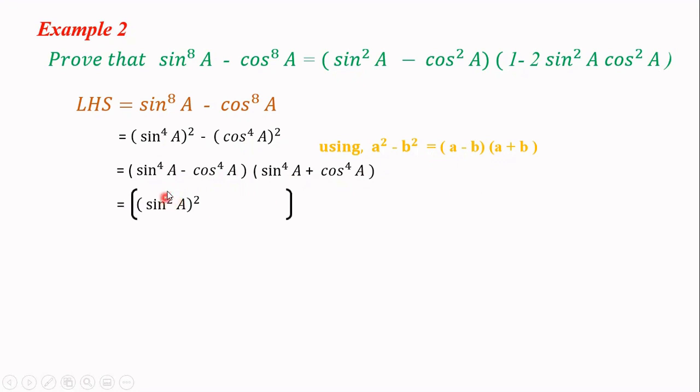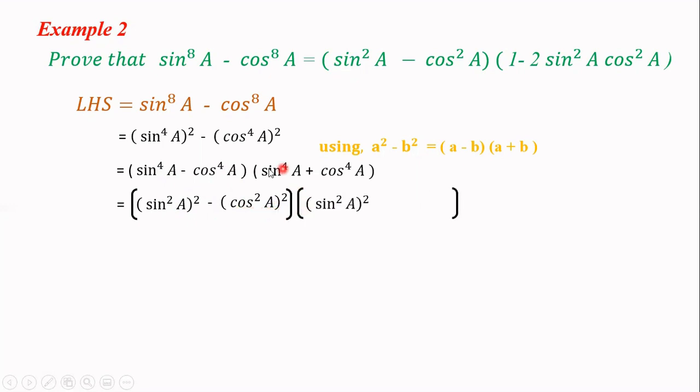Now, in the first bracket also, we are expressing each term in the form of a square. Sine to the power 4a is expressed as the square of sine square a. Similarly, the second term of the first bracket, cos to the power 4a, is also expressed as the square of cos square a.